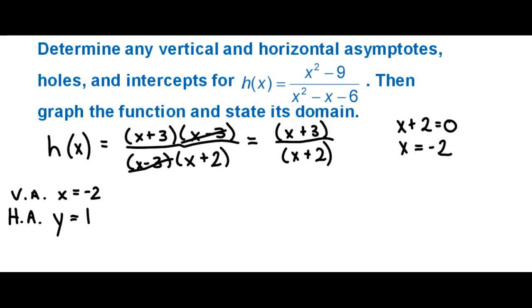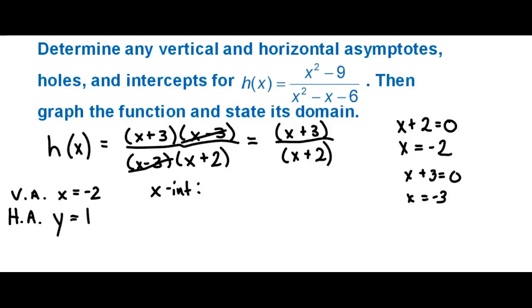So the next thing I want to look at is intercepts. We'll talk about holes in a second, but my x-intercept is going to occur where h of x is equal to 0. So that's essentially where the numerator is going to be equal to 0. So let's figure that out real quick. x plus 3 has to be 0. So it's where x equals -3.